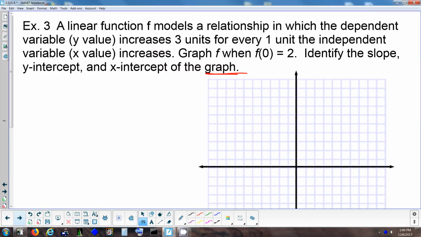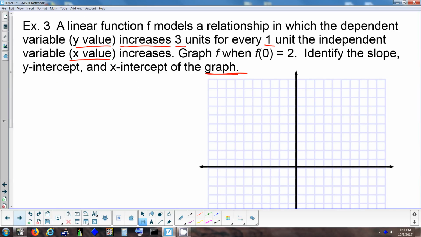In this problem, we have a line where the dependent value, the y value, goes up 3 for every unit the x value goes up 1. Let me read that again. The y value goes up 3 for every unit the x value goes up 1.